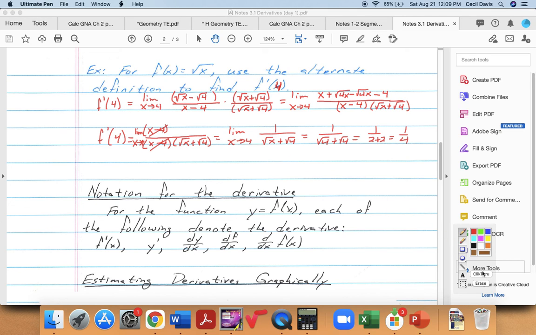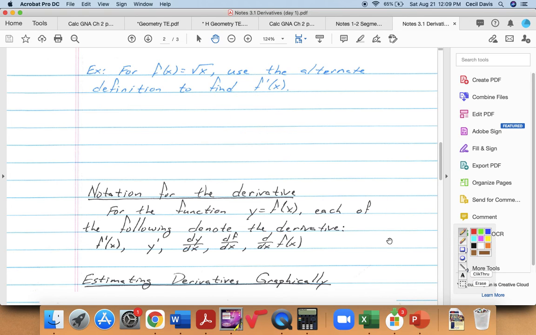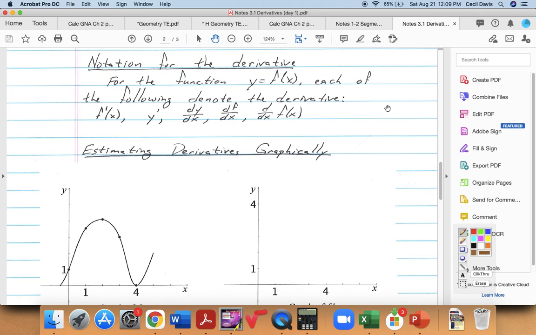All right, notation for the derivative. The derivative was actually developed at pretty much the same time by two people in completely different places. Leibniz was working in Germany. Newton was working in England, working independently of one another. And because of that, some people liked Newton's way of writing things.